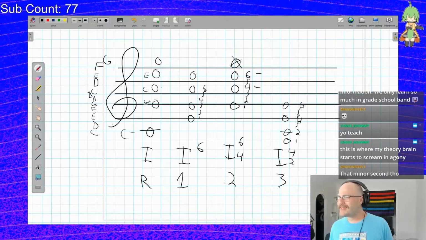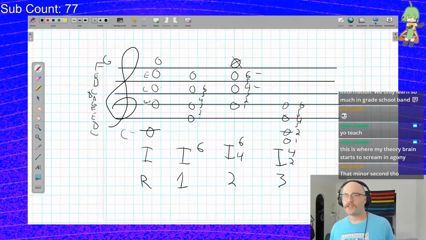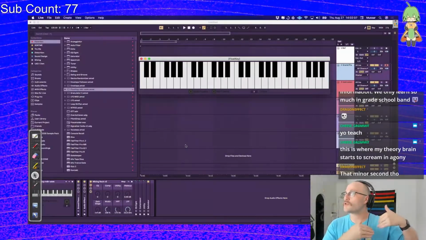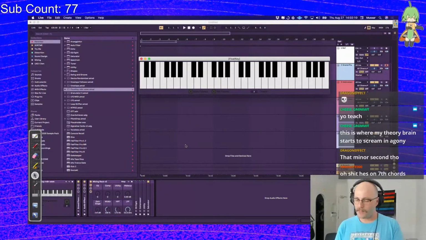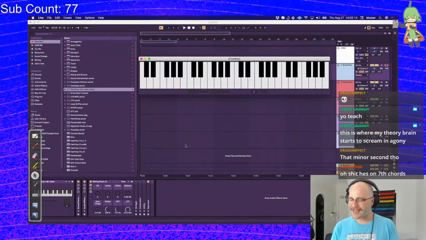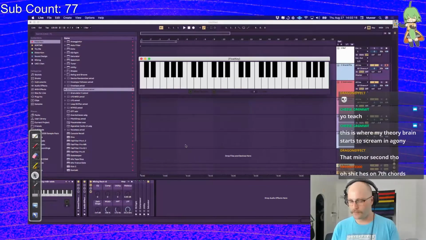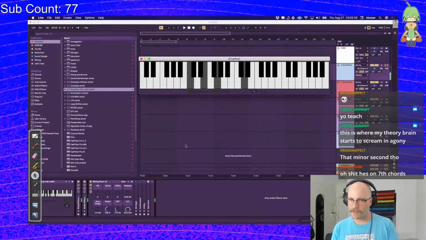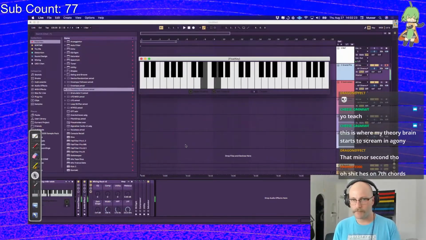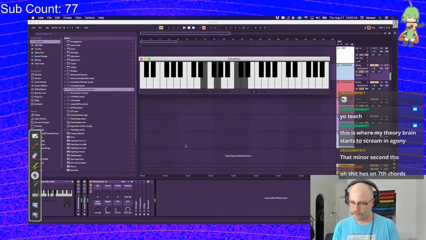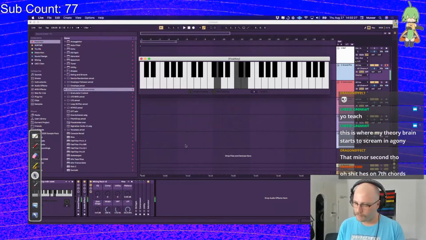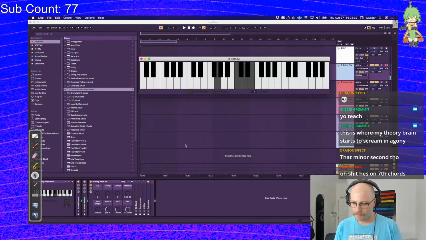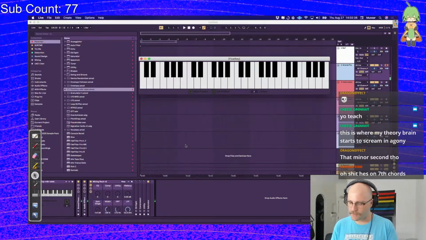But things get a little bit weird when we start talking about upper extended harmony, or the tones beyond the 7th. Now, let's look at a C 9th chord. In first inversion, in second inversion, and in third inversion.